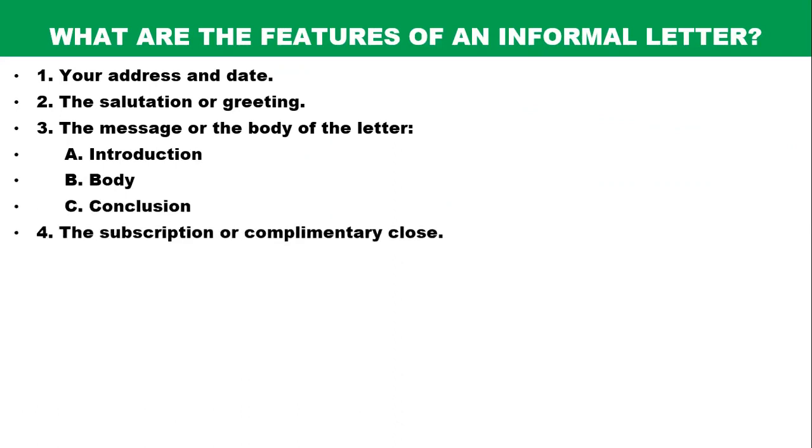Number 4, the subscription or complimentary close or closing greeting, if you like. Number 5, your first name only. That's exactly how to end an informal letter, because you are writing to someone with whom you share a personal relationship, so you are familiar with the person and you don't need to write your full names.